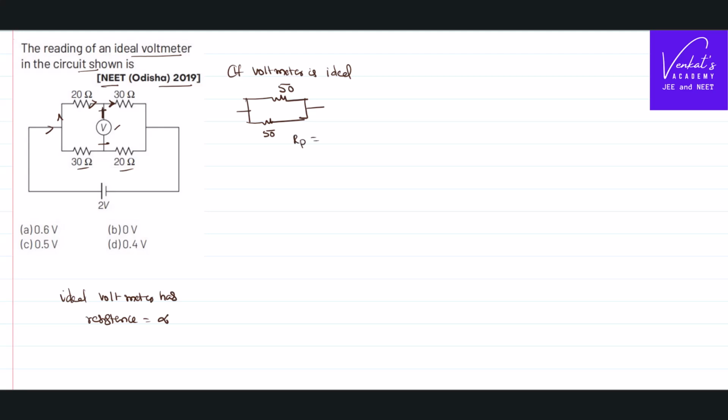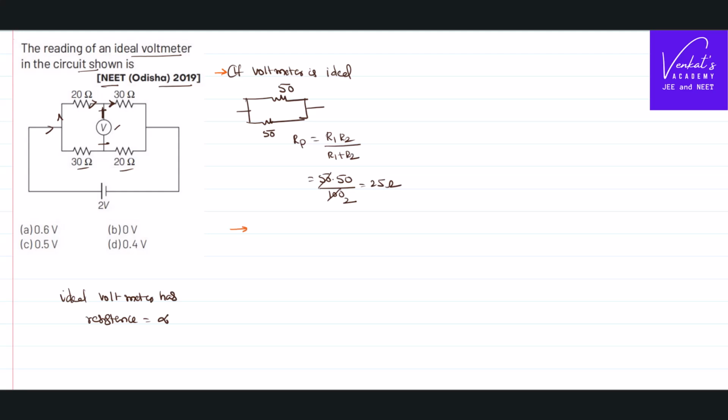So R parallel equals R1 R2 by R1 plus R2, that is 50 times 50 by 50 plus 50, which is 100. 50 by 2 is 25 ohms. So the entire circuit has an equivalent resistance of 25 ohms.